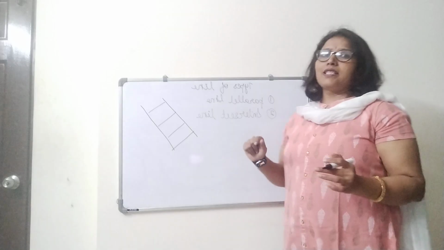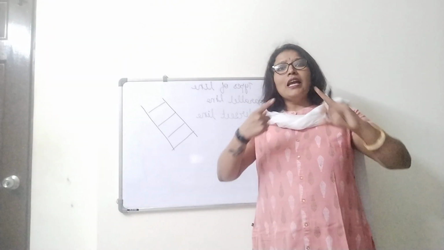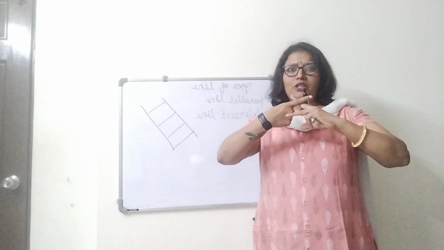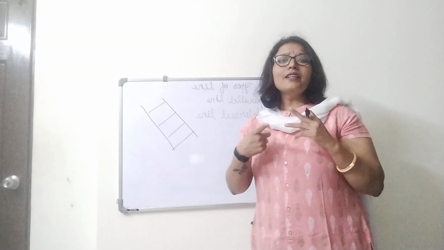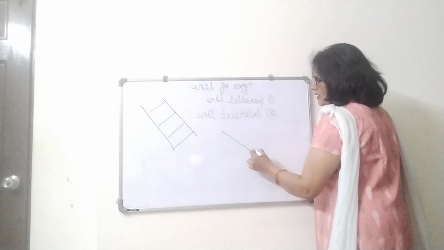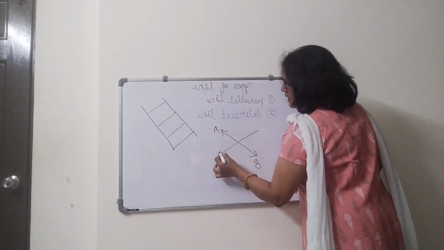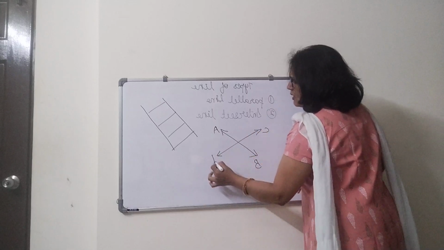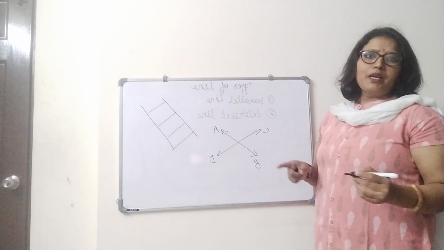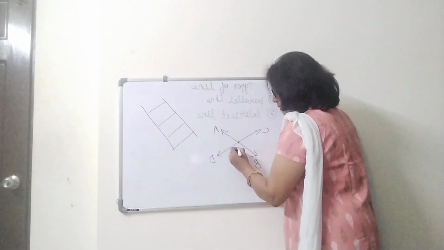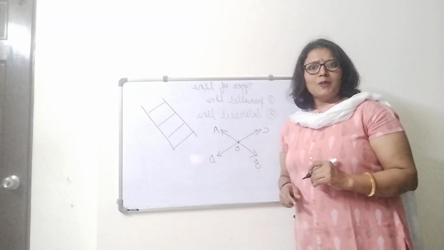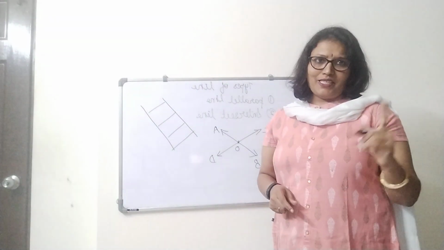So what are intersecting lines? When two lines cross each other, they are called intersecting lines. Suppose AB intersects with CD, which means it will cross CD. Where they meet, suppose they are meeting here, that point is called the point of intersection.